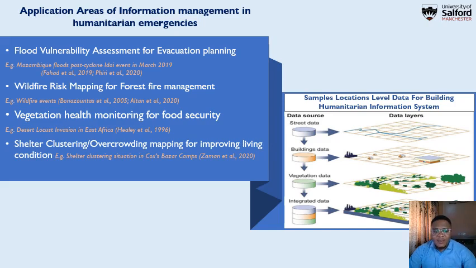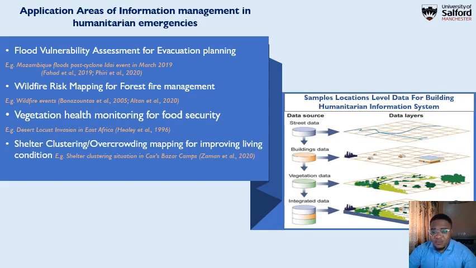I would like to talk about the application areas of information management in humanitarian emergencies. Combining data from different sources is also called layers, as shown on the right hand side of the screen. It helps in identifying and understanding emergencies.